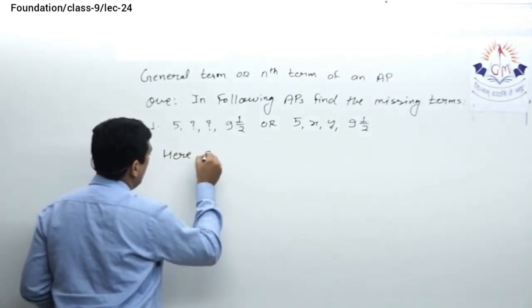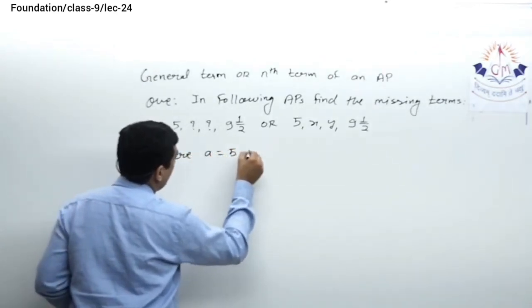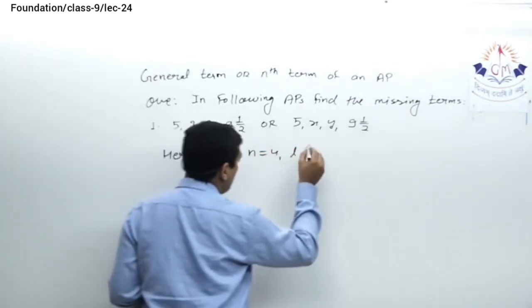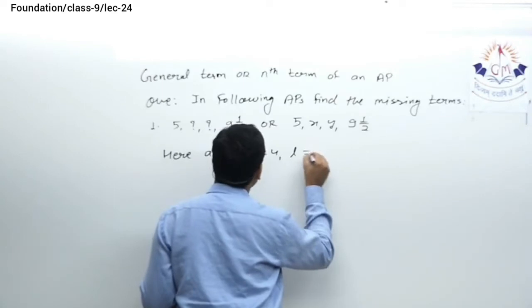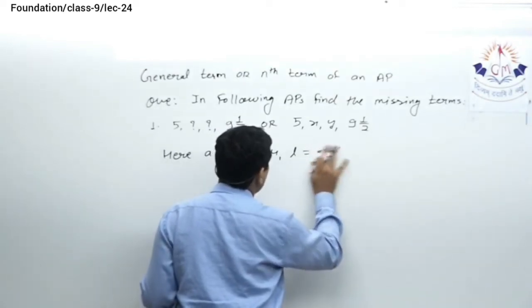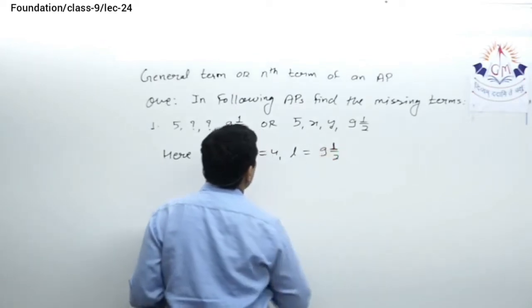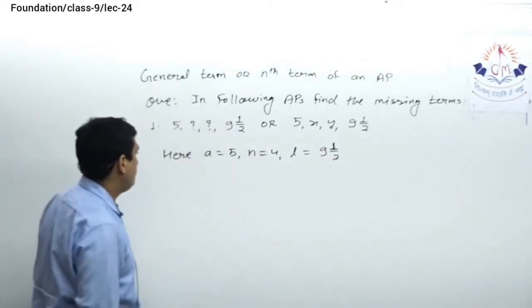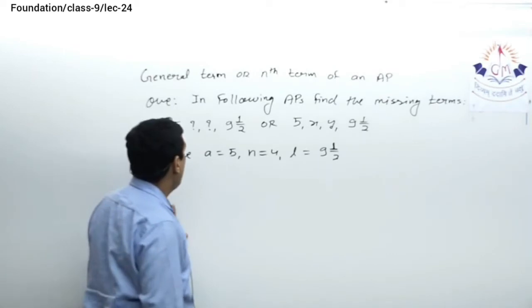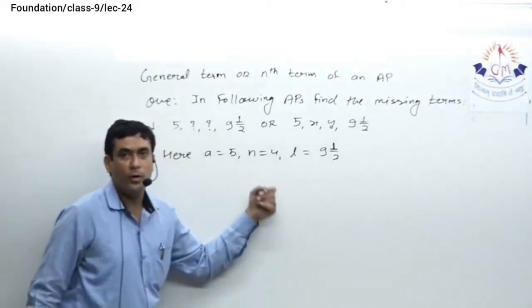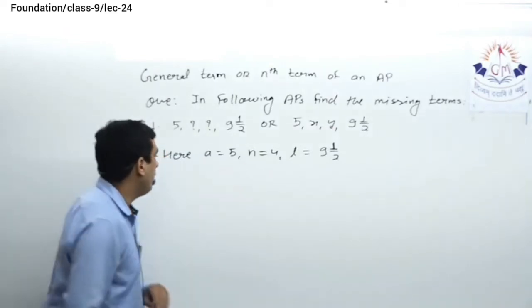So here a is equal to 5, n is equal to 4, and l, that is the last term, is equal to 9 integer 1 by 2. Using the formula of the nth term, we can find the value of d.